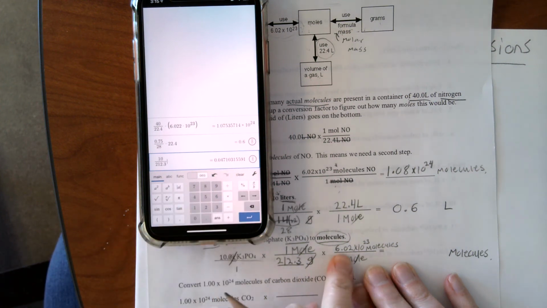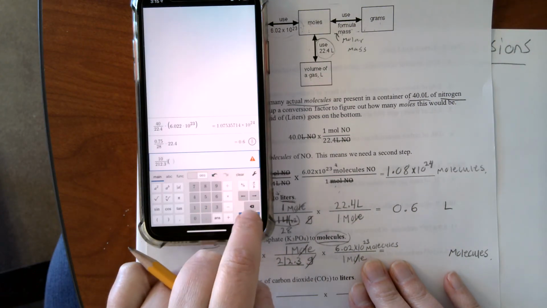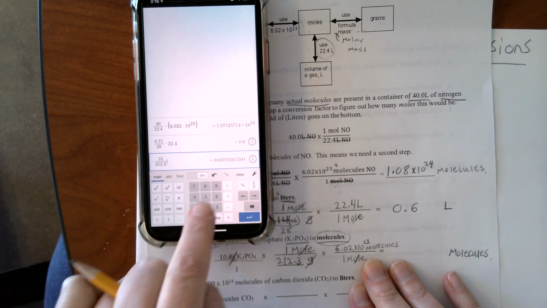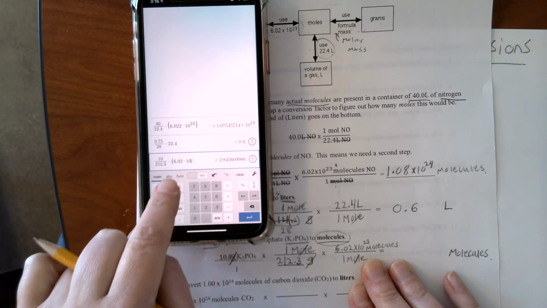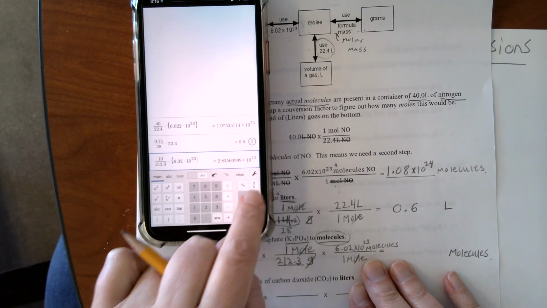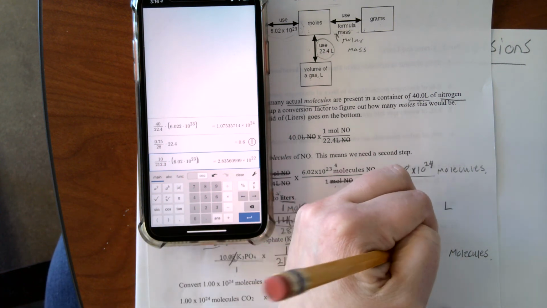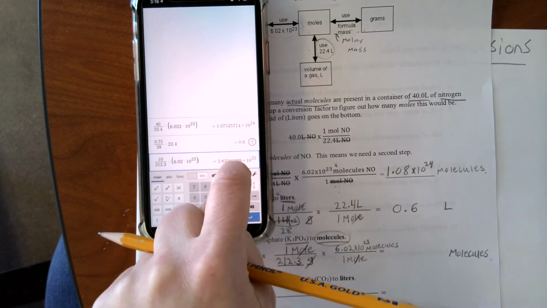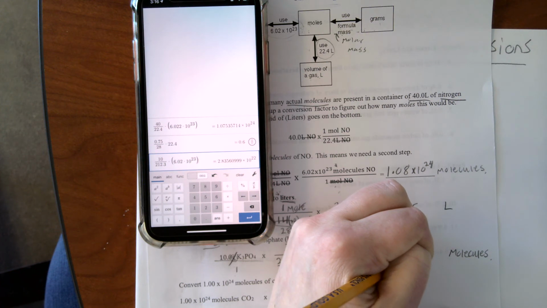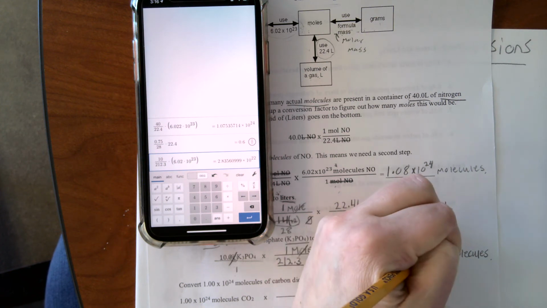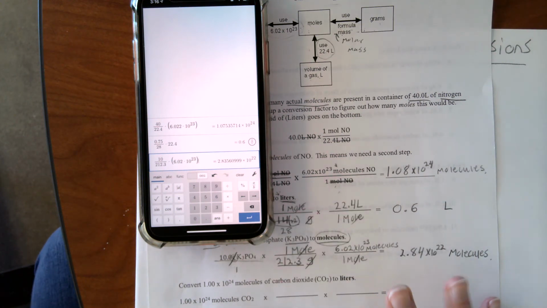Click over so we can do our big number. Times 6.02 times 10 to the 23rd. Close brackets. And that'll get us our amount in molecules. And as you can see, we expected a big number, which is good. So we have our total, which is 2.84 times 10 to the 22nd power molecules.